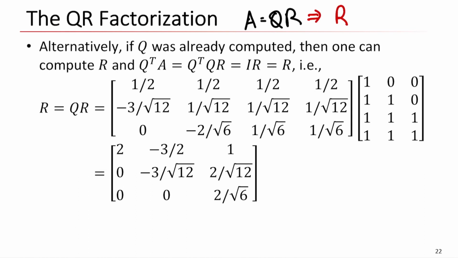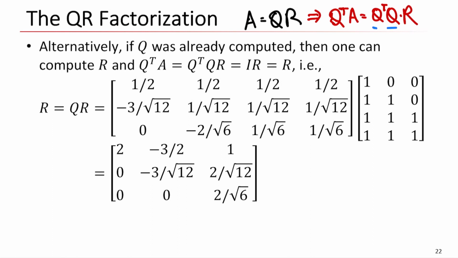So we can multiply the Q transpose on the left hand side and right hand side. So it will be Q transpose A is equal to Q transpose Q R, right?